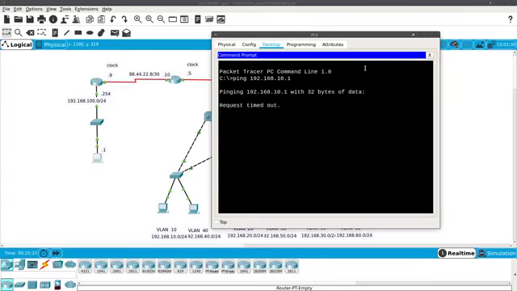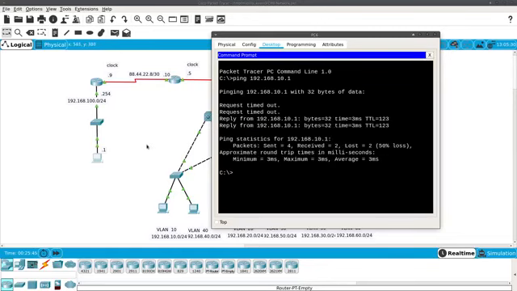Now, what I probably should have done is type ipconfig to make sure I've got an IP configuration on that device, but it should have, because I actually hovered over it and I could have sworn I saw an IP configuration on it. Not that you can hover over PCs in real life, you'd actually have to go into the command line and type ipconfig.